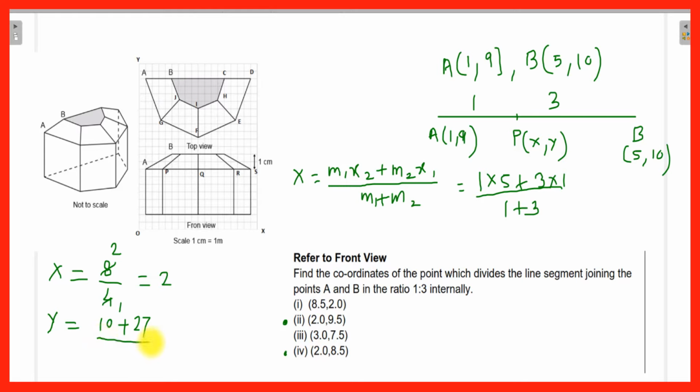Upon m1 plus m2, that is 1 plus 3, that will be 4. So this is 37 upon 4, and 37 upon 4 is 9.5. So the x coordinate is 2 and the y coordinate is 9.5. So the second option will be the correct option.